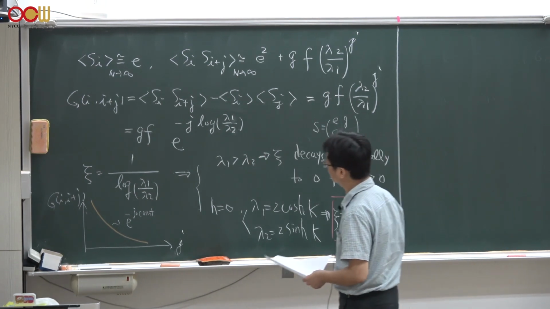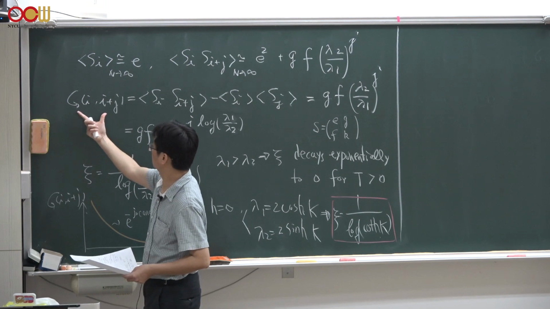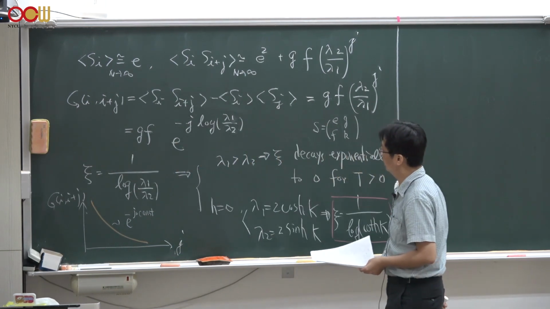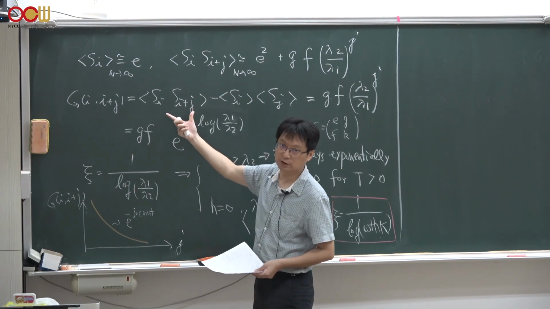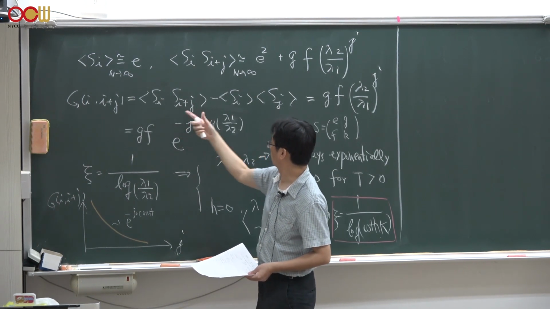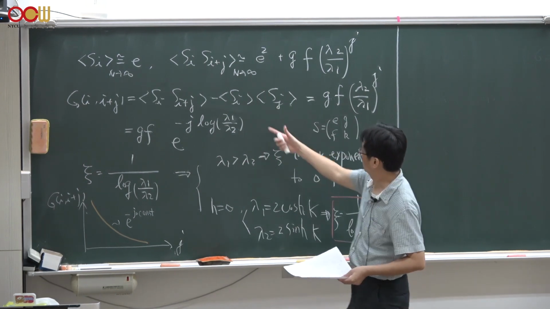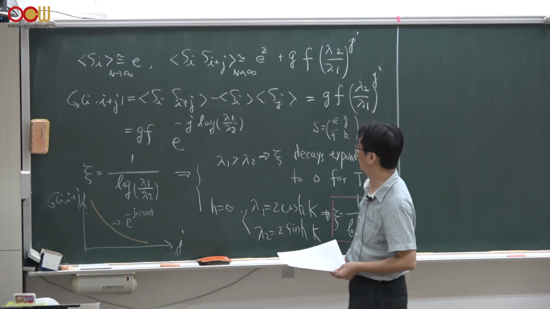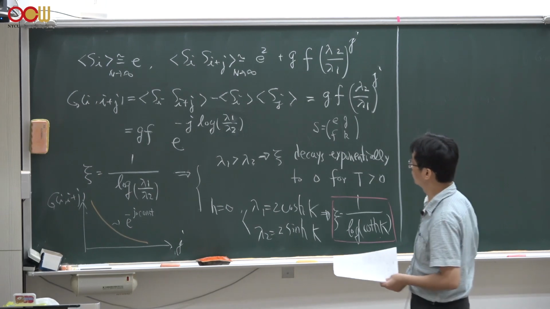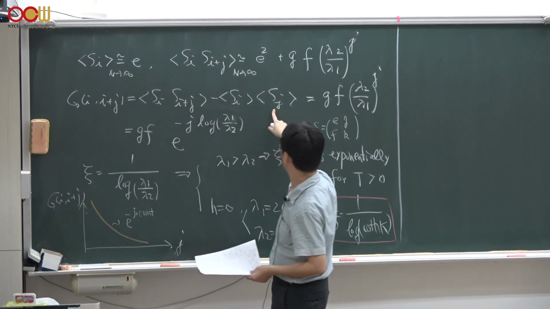But we need to calculate the Green's function or correlation function, G_{i,i+j}, which is defined by the expression we defined already: the spin-spin correlation function subtracted by the product of the single spin expectation values, average of Si times average of Sj. But Si average is E, and so is Sj average.